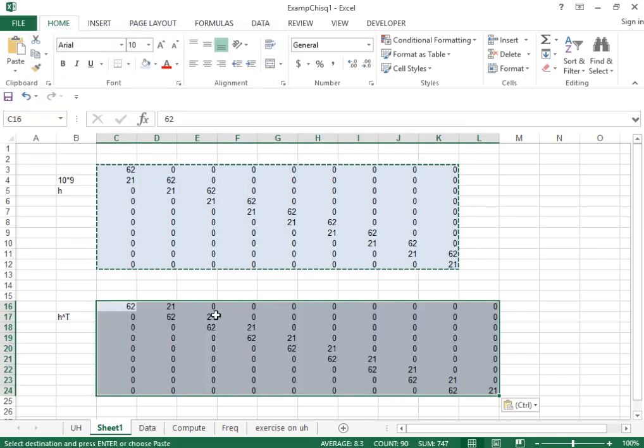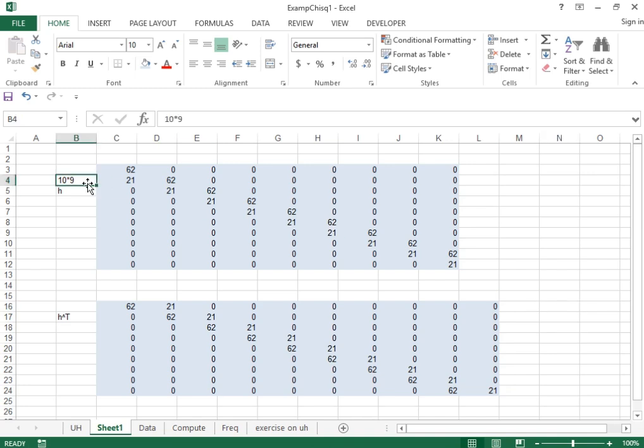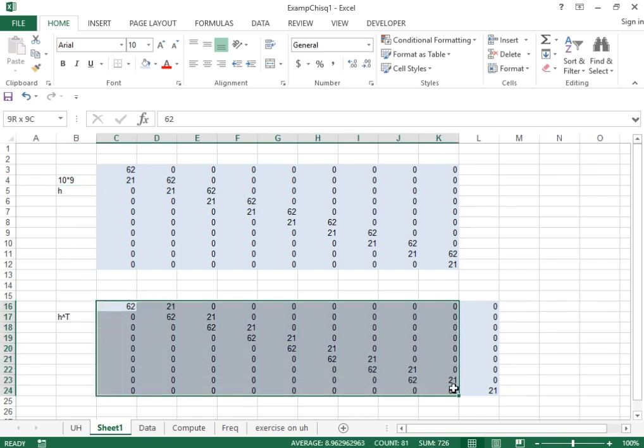Now we are transposing our matrix. Before transposing, our matrix is 10 by 9, but now our matrix is 9 by 10. You can observe under this cell.